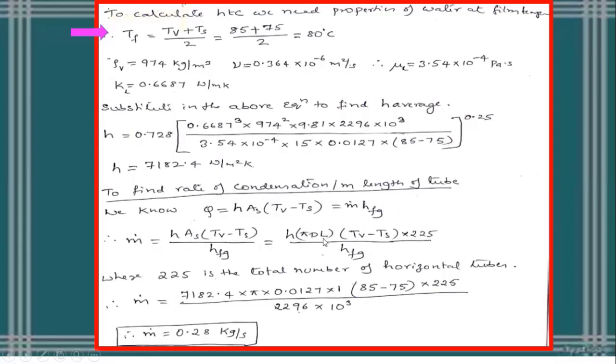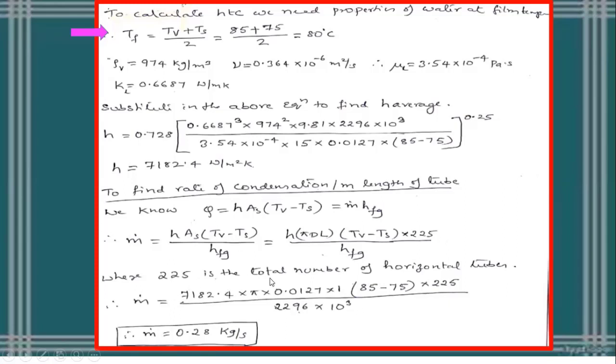What is the surface area? The surface area of a single tube is pi into D into L, multiplied by the number of tubes. Don't take it as 15, which is the number of rows; here you need to take the total number of tubes as 15 by 15, that is 225 tubes, divided by hfg.